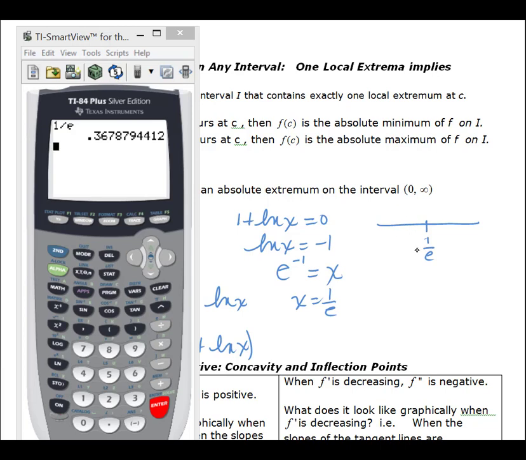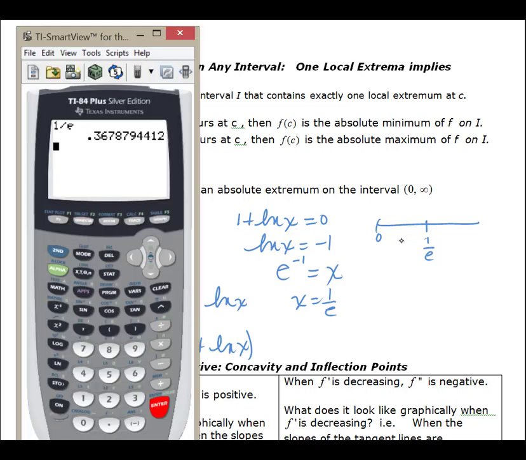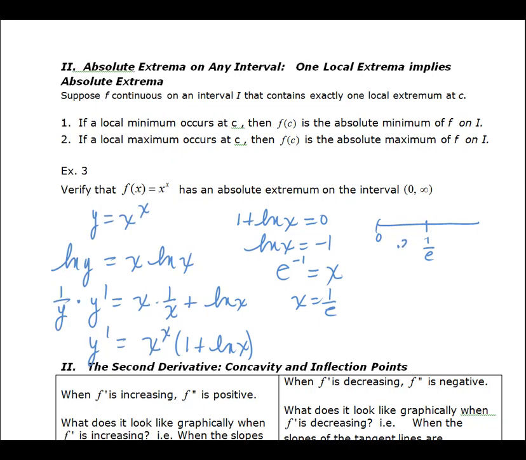If I want to pick a test value to the left of 1 over e, I know that my smallest value I can use is 0, but I can't use 0, so I have to pick a point somewhere between 0 and 1 over e. And so we can choose to test, say, 0.2 on the left-hand side, and we could choose to test 1 on the right-hand side. So I'm going to go ahead and do that.